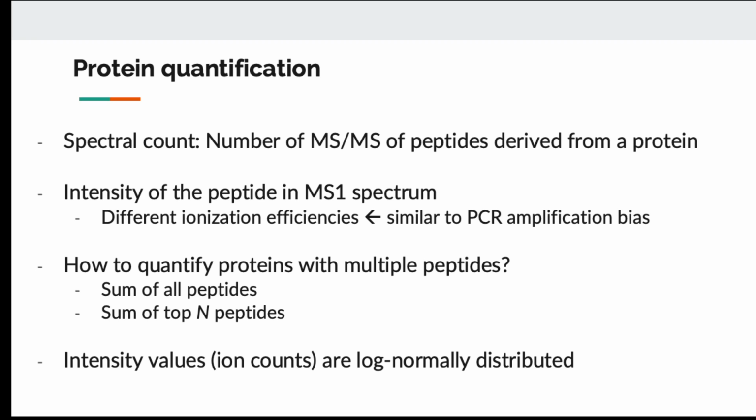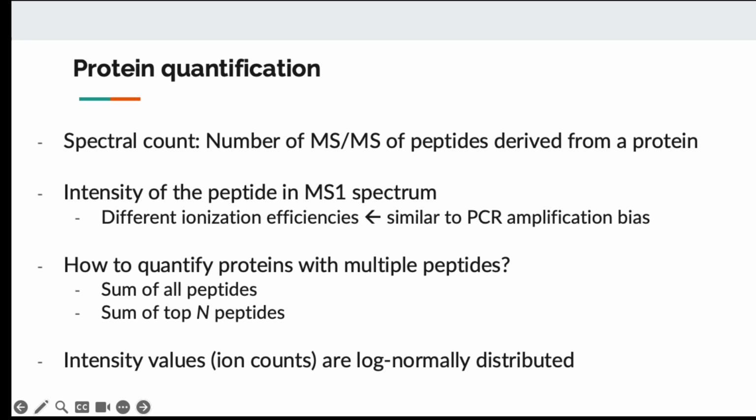But if we think back to transcriptomics, when we measure the read count, one thing that we worry about is the PCR bias. Some sequences can be amplified better than others, and longer genes will produce more reads by chance. For protein, the problem is even more complicated. When we turn the protein peptide into gas, the ionization process also has a bias.